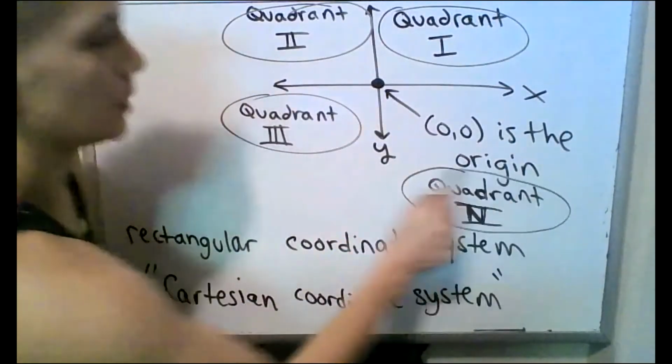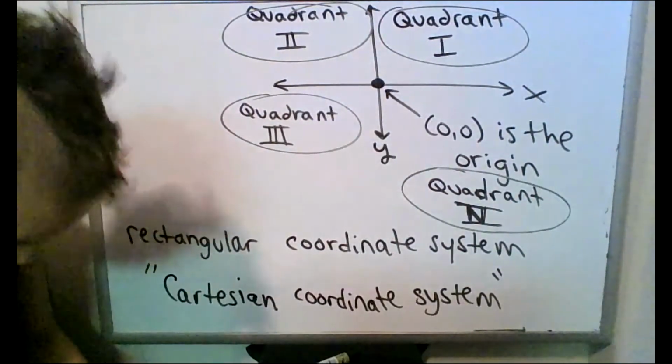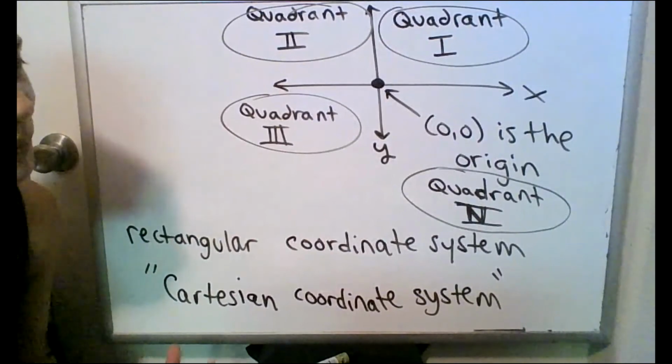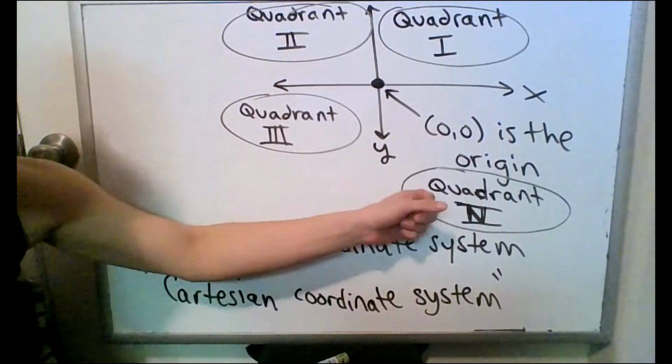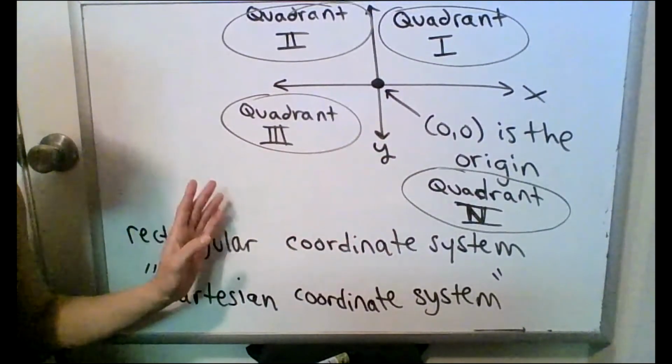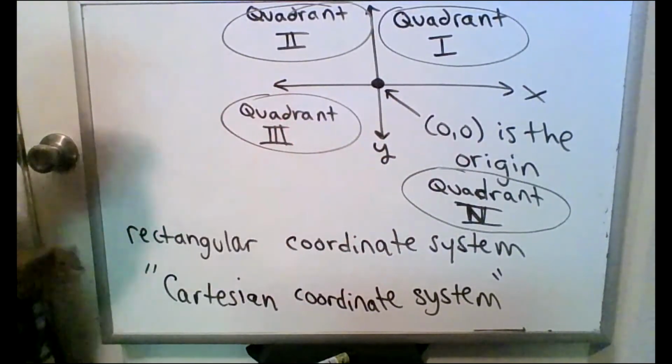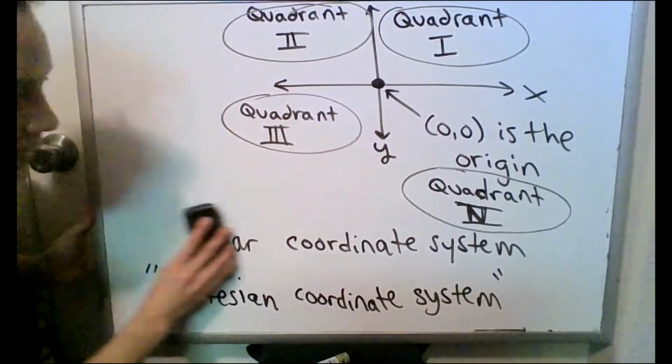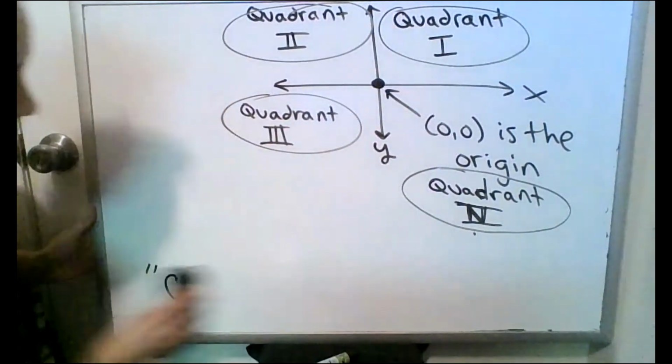I'm not going to use quadrants very much, but another teacher might. So at least you've seen this before. Mostly we're just going to be plotting points in our rectangular coordinate system.